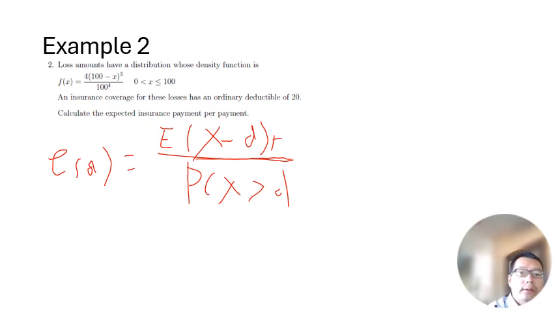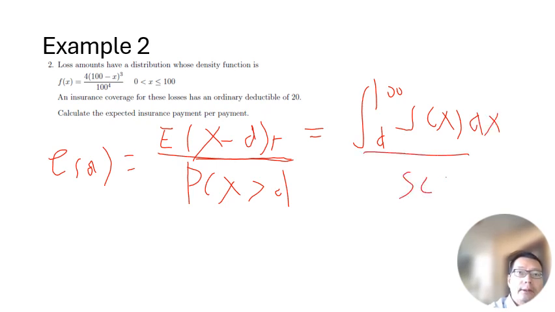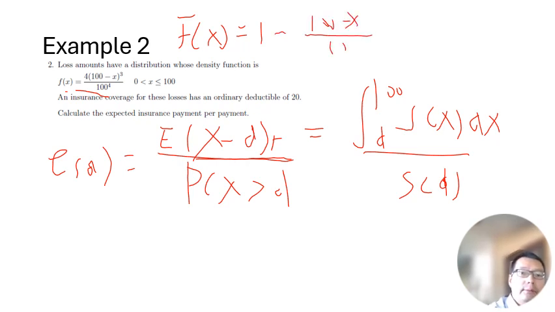To do that, you can use the integral of S(x) dx, and this part is just S(D). So what we need to calculate first is S(D). Since f(x) is given, we know F(x) is just the integral of small f(x), which we already calculated in the earlier problem, and we know it's this.